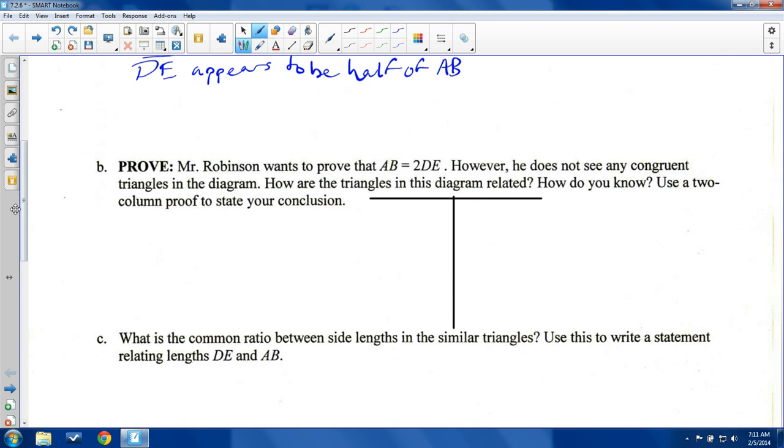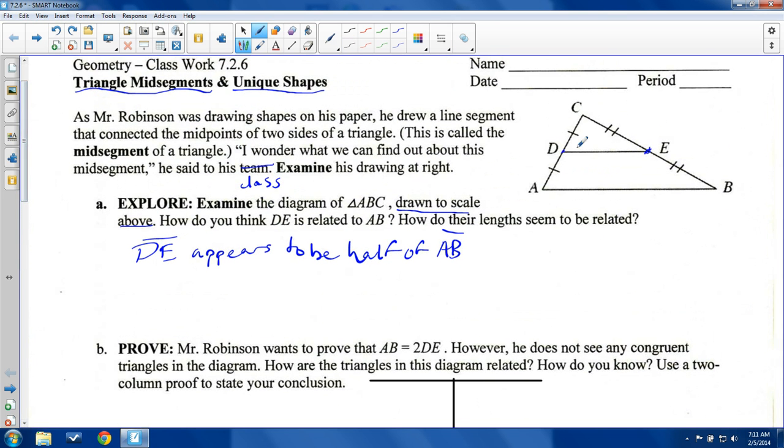Okay, let's go back. I know CD and CA and DA are congruent, but I want to know what the relationship is between the triangles. So this triangle and this triangle. So I want to know the relationship between CD and CA.